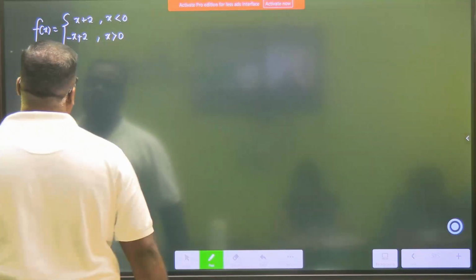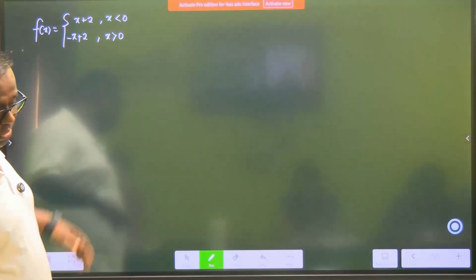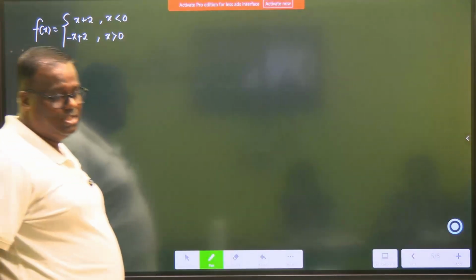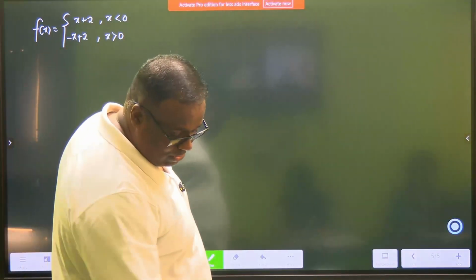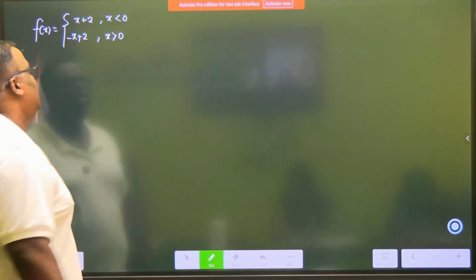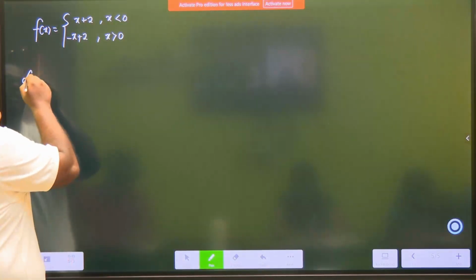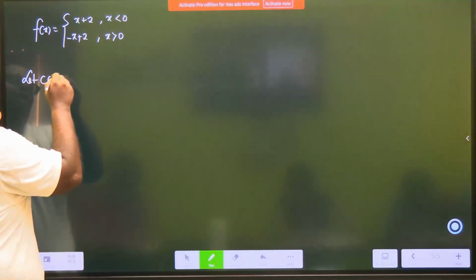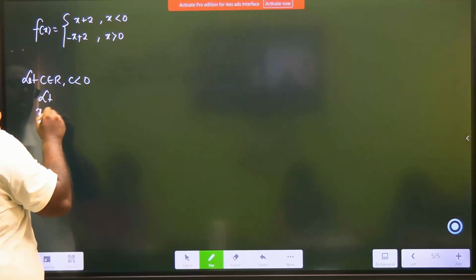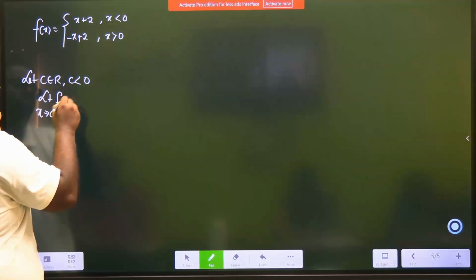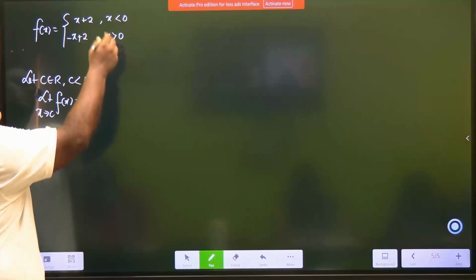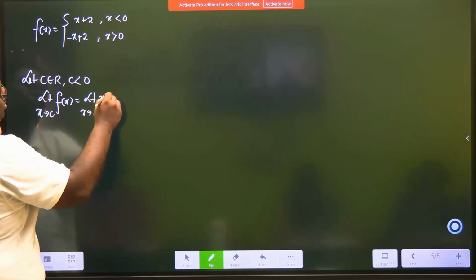So if we do it like this, try to do it for less than 0, more than 0, and then 0. What we will write here: let C belong to R and C be less than 0. Limit x tends to C of f of x is limit x tends to C. Now you're getting C less than 0, so you will take x plus 2.